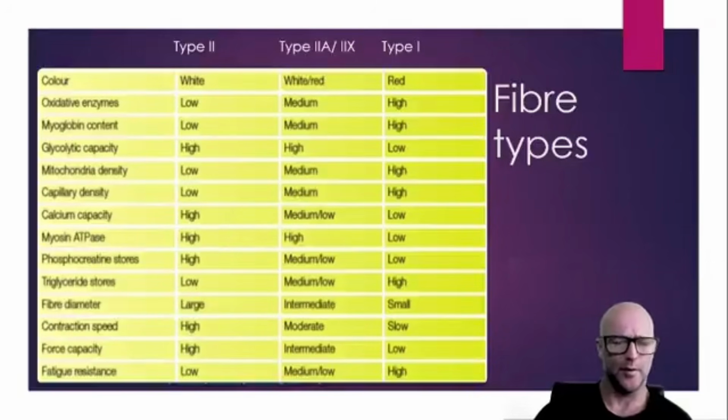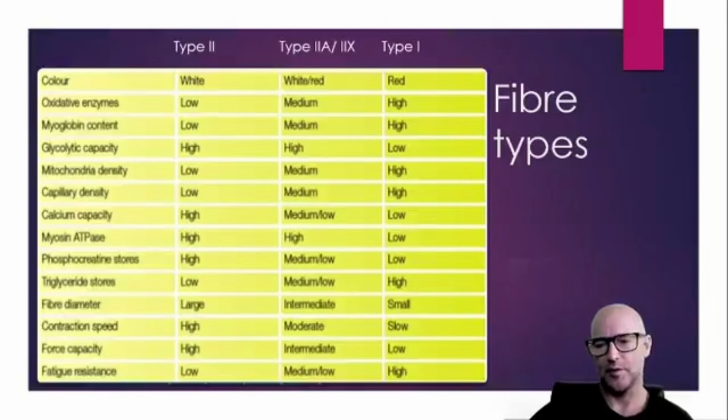So obviously, to follow that logic through still further, in terms of the oxidative enzymes, in the type 1 fiber there's a high concentration of those, medium in type 2A and low in type 2B. That follows, that makes sense. The myoglobin content, we've kind of talked about that. That explains the color differences in terms of how they appear.